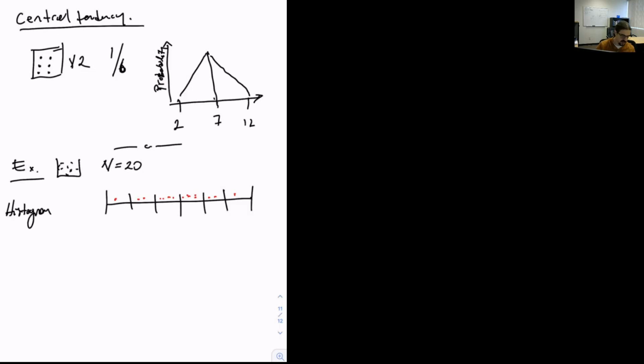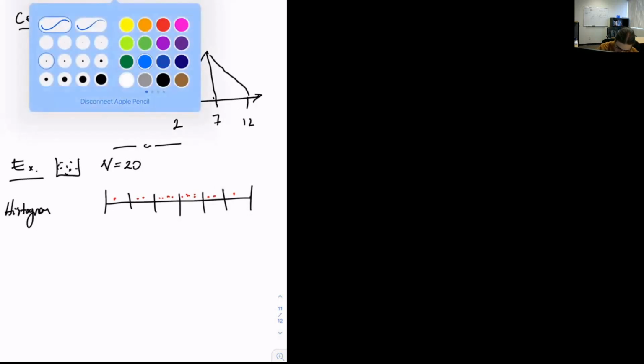A histogram basically means that if I measure a value n times, say 20 or 10 times, a histogram is defined as the graph of how many times a measurement falls within a certain interval. Let's define some definitions here.